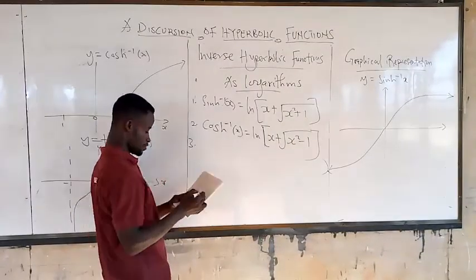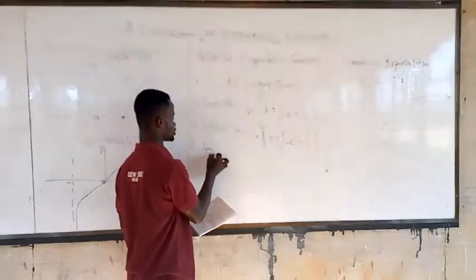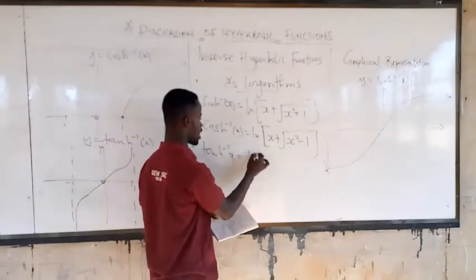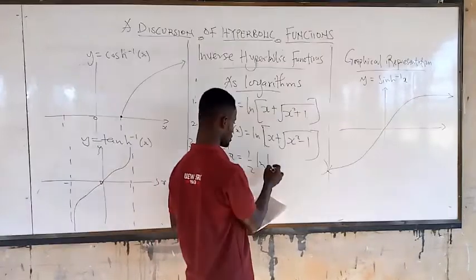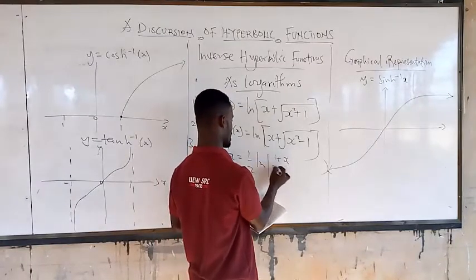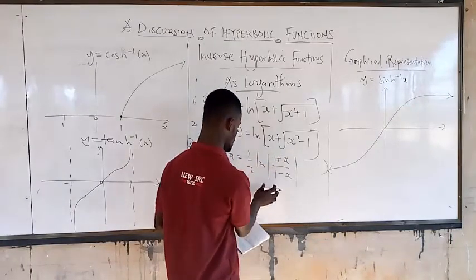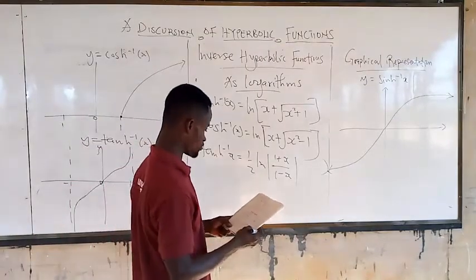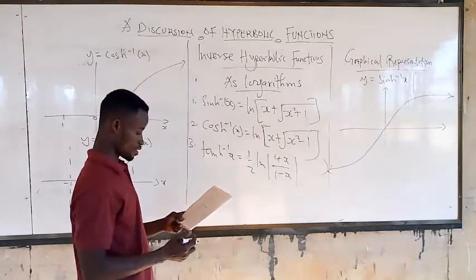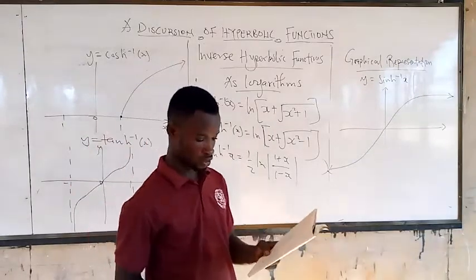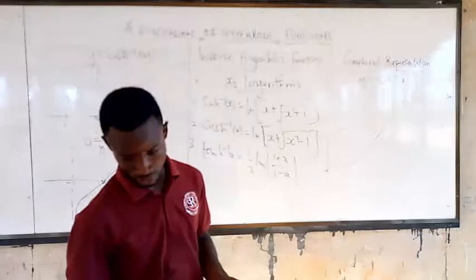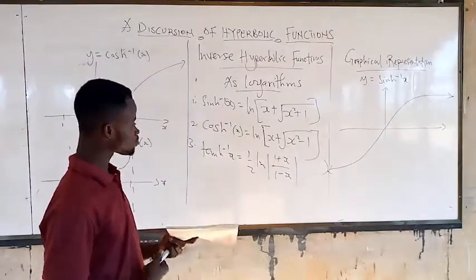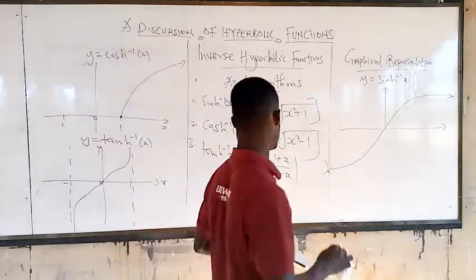And tanh inverse of s is half ln of (1 plus s) over (1 minus s). Take note of these identities or formulas very well. It is very, very important, and we are going to use it. All right, very good. So that is that for that.